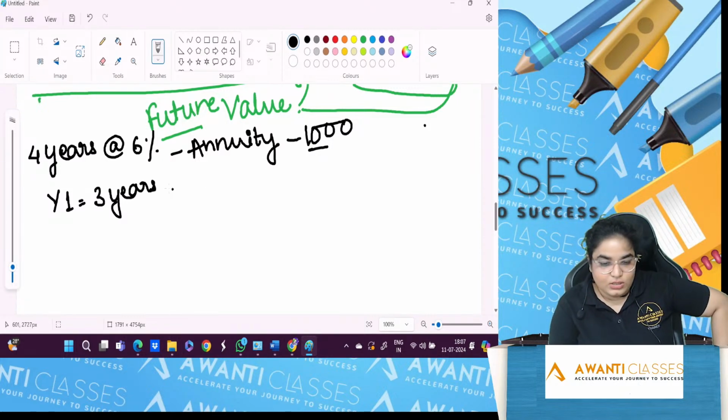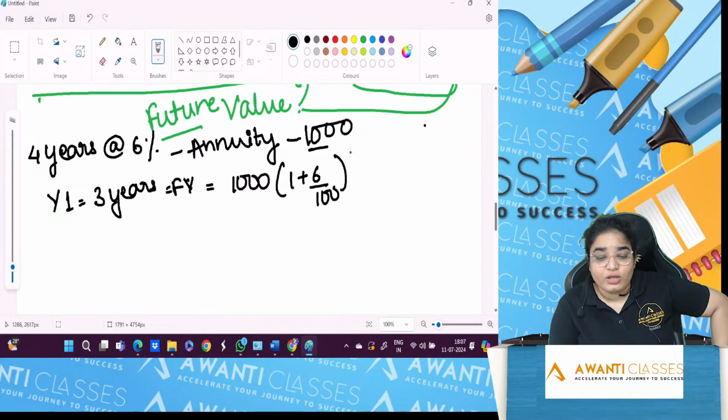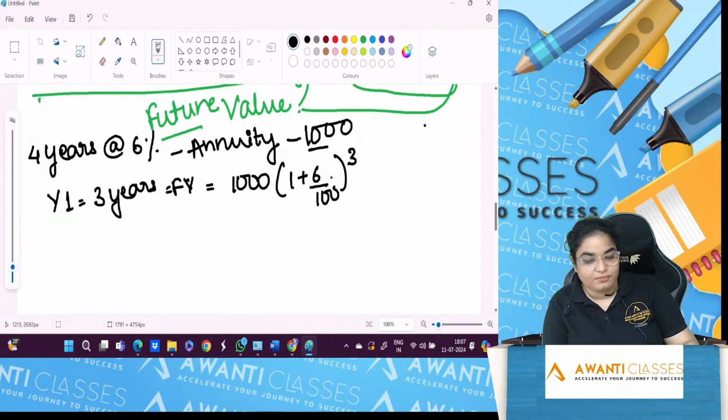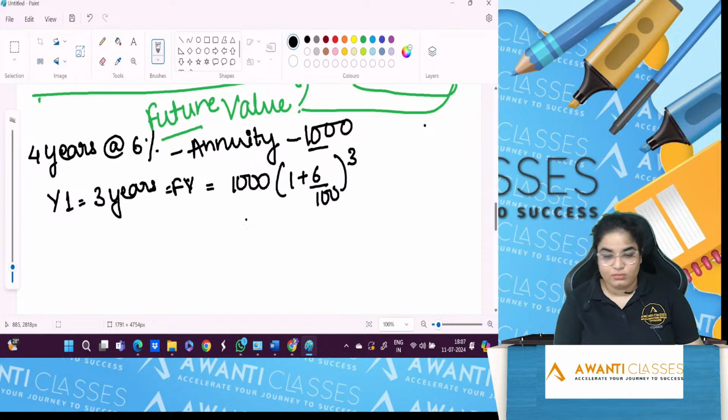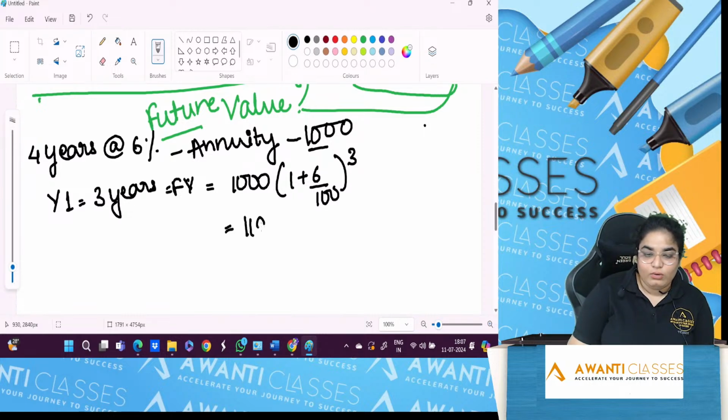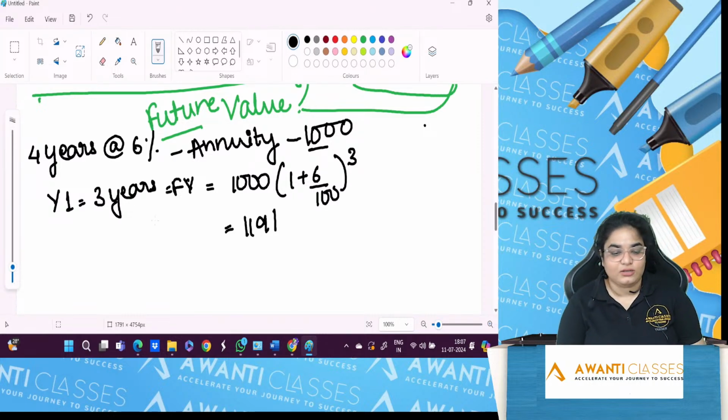A, future value, will be contribution 1000 into 1 plus 6 divided by 100 to the power of 3. 3, because it has stayed with the bank for 3 years. So 1.06 to the power 3, equal to. 1191 is the answer.